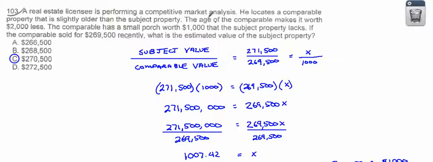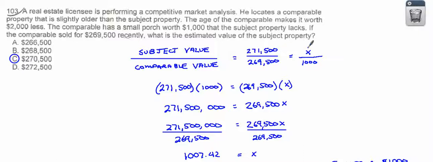Now, it says here that the comparable has a small porch worth $1,000 that the subject property lacks. Okay, so we have a ratio here of the price of the porch of $1,000 relative to the comparable value, and we don't know what that price would be for the newer property.